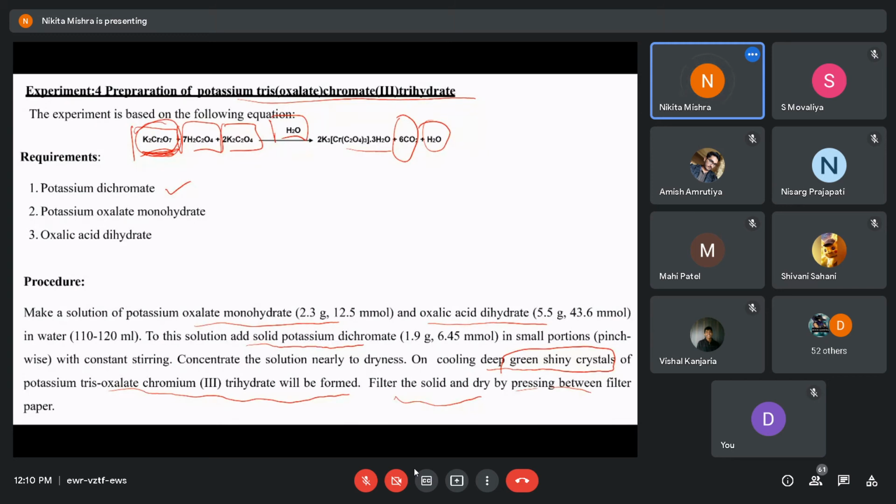If the main ingredients like potassium dichromate, potassium oxalate monohydrate, oxalic acid are added, what kind of crystals are we obtaining? So we need to learn, in each preparation, which color of crystals we are obtaining. So here it is written that green shiny crystals of potassium trisoxalato chromium will be obtained.